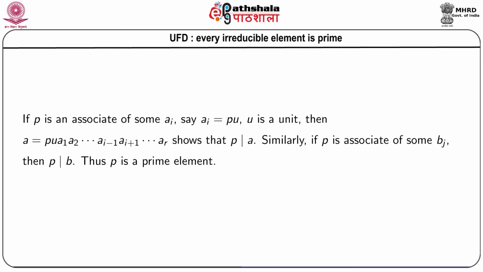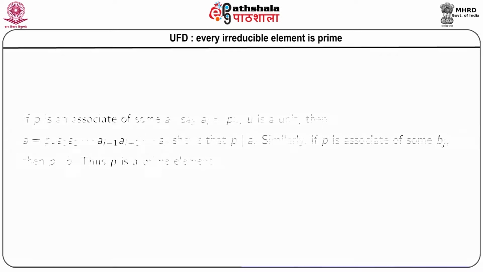If P is an associate of some Ai, say Ai equals PU, where U is a unit, then A becomes equal to PU A1, A2 up to Ai minus 1 into Ai plus 1 up to Ar, which shows that P divides A. Similarly, if P is an associate of some Bj, it follows that P divides B. Thus, P becomes a prime element.